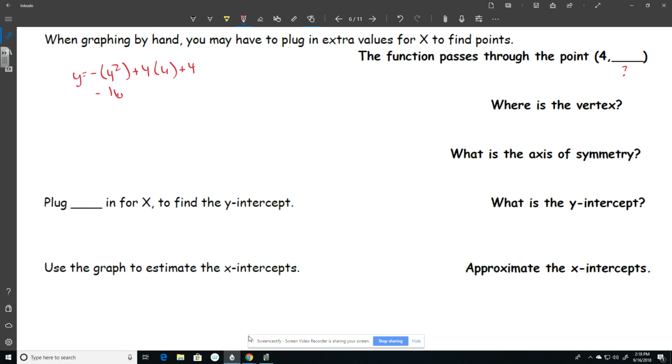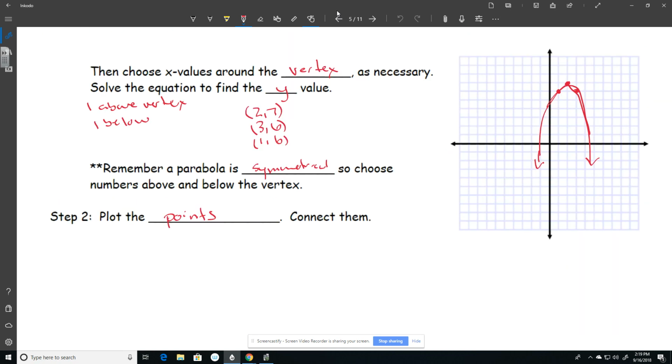So negative 16 plus 4 just equals 4. So when X is equal to 4, Y is equal to 4. So on my graph, if I go over 1, 2, 3, 4, I should be going through that point right there. And I'm kind of close.